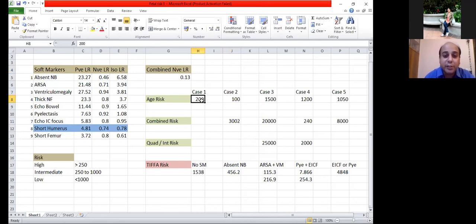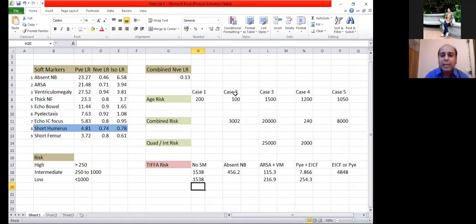This is a high risk category. We do a TIFA scan and we find that there is no soft marker present. So we simply divide this risk by the combined negative LR and get 1538. So this 1538 becomes low risk and we need not do anything.